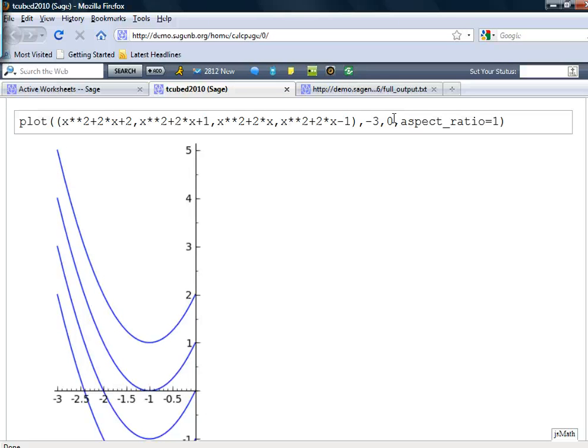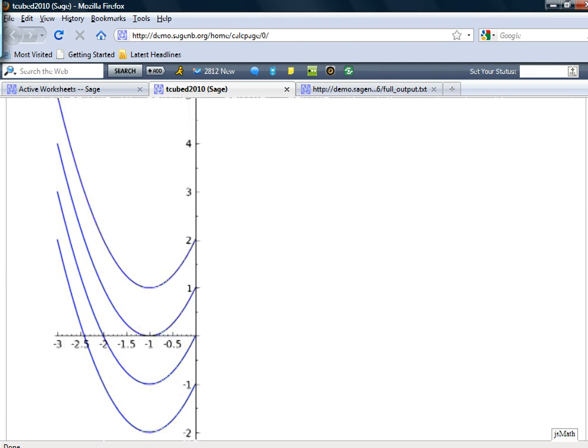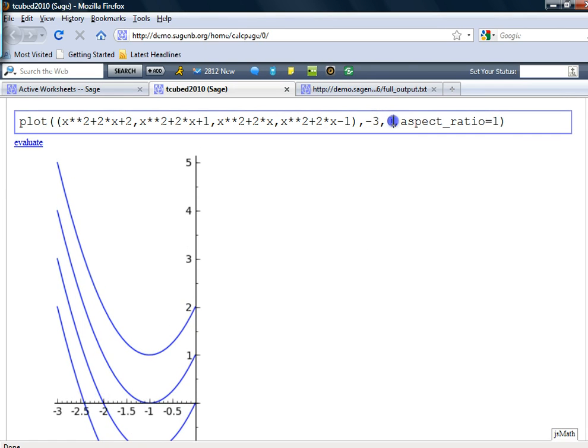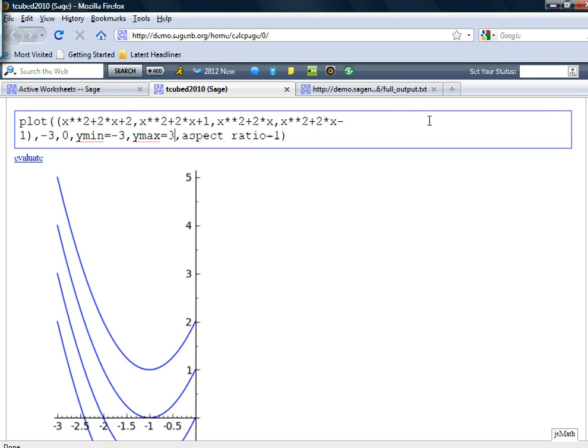So there you go. There's a nice graph. If you don't like the y min and the y max that it selects for you, then you can change it. Let's say y min of, I don't know, -3 and a y max of +3.